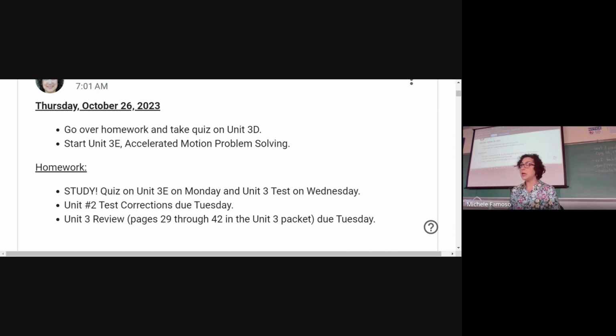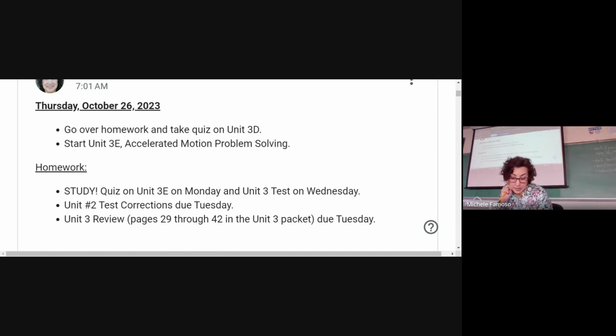In number 3, it is positive 5 meters. In number 4, it is positive 50 meters. In number 5, it is positive 30 meters. And in number 6, it is positive 40 meters. Any questions on those?